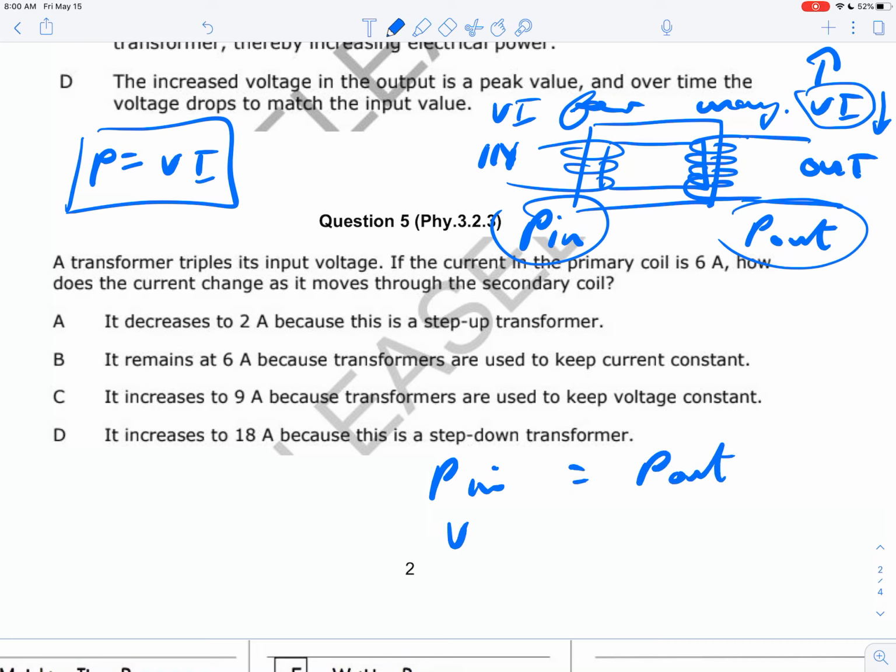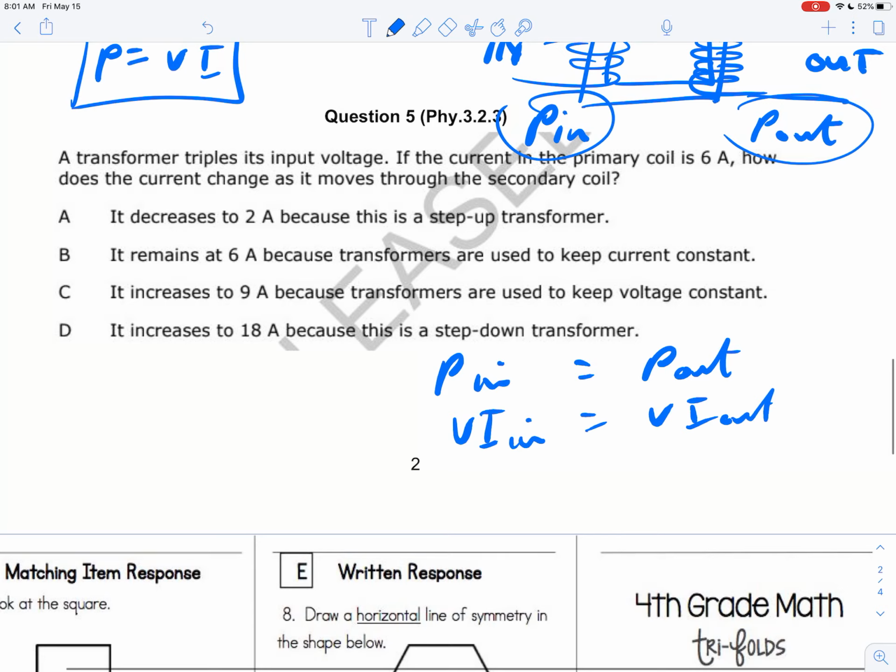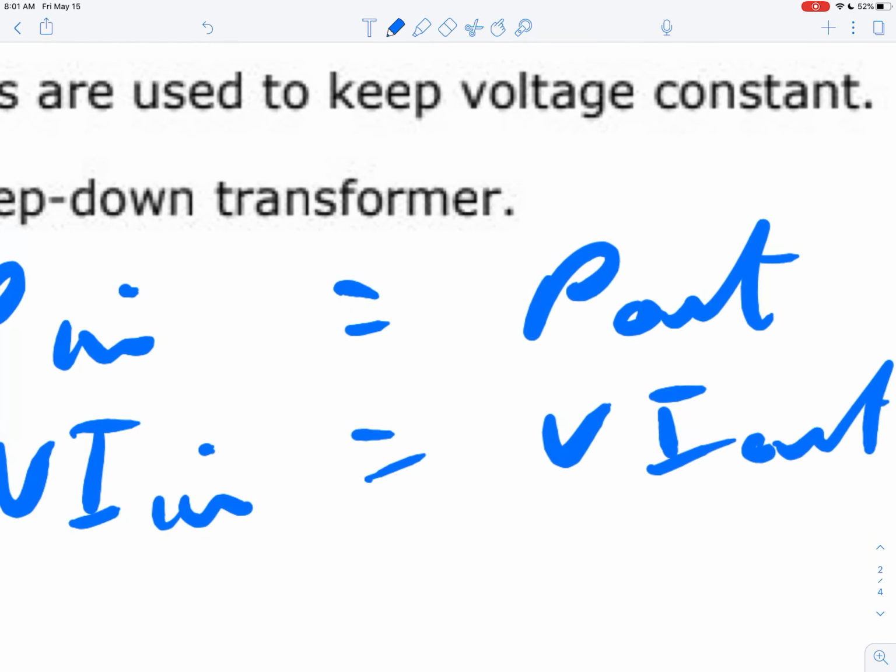If VI, which is power in, equals VI out, what's happening here, they're saying, is that the voltage is going to triple. So we've got a certain voltage to start with. It's going to go up 3 times. If the voltage goes up 3 times, something has to happen to the current.